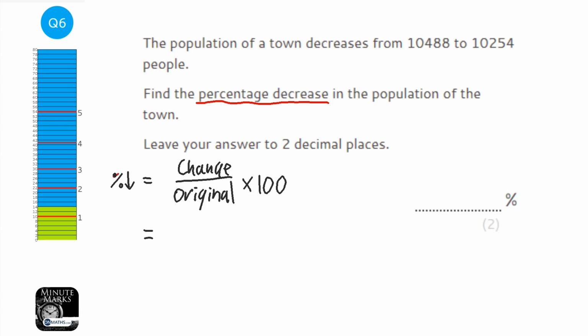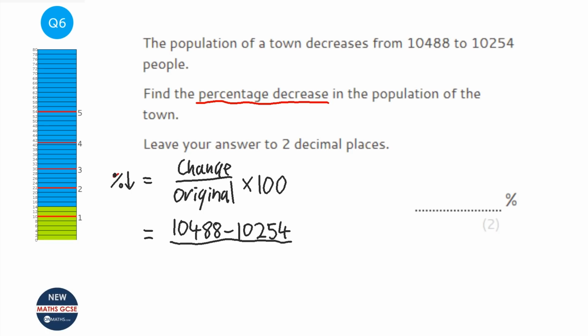So to work out the change here, it's going to be the initial amount take away the final amount on this one, because it's going down and we don't want to have a negative, over the original. Now it says it decreases from this amount to this amount, so the original is going to be the 10,488 and then times by 100.